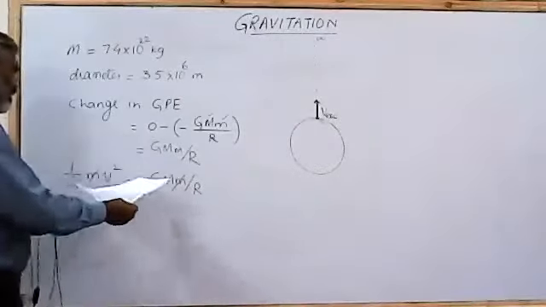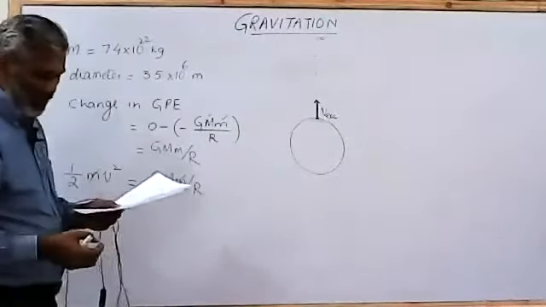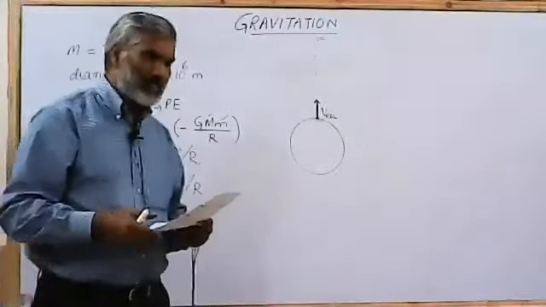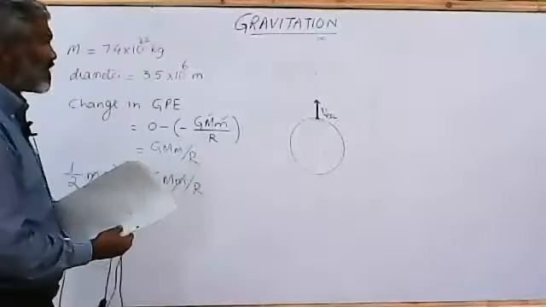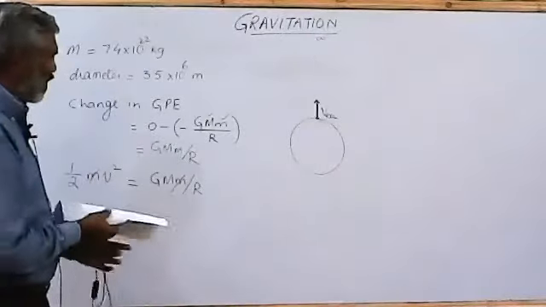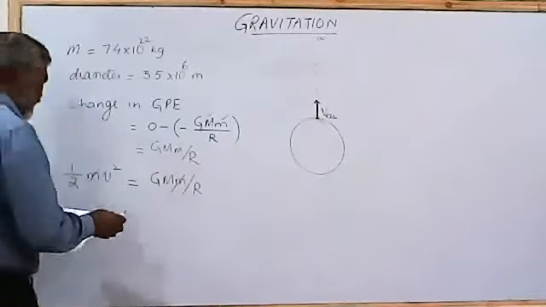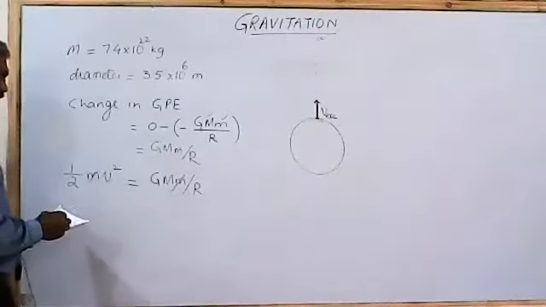As you see, it gets cancelled from the two sides, so it is immaterial what object we are throwing. Escape speed for all objects will be same, whether you are throwing a stone, a cricket ball, or an arrow, or a rocket. For all these objects, the escape speed will remain the same.